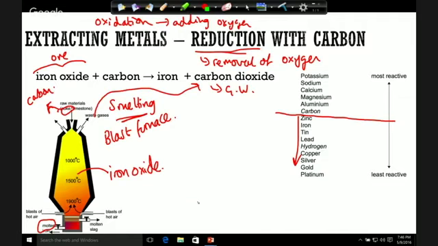If you had, however, something like aluminium oxide and you added carbon to it, nothing would happen. The carbon is not reactive enough to take that oxygen, and therefore nothing would happen. So that's the first way we can extract a metal from its ore. It's called reduction with carbon.